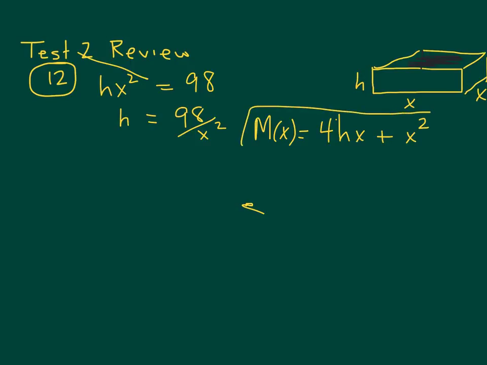So this is our function, but this function has 2 variables in it. But we have a relationship given between those 2 variables. We know that h is equal to 98 over x squared. So if I replace h here with 98 over x squared, we would have just the one variable.